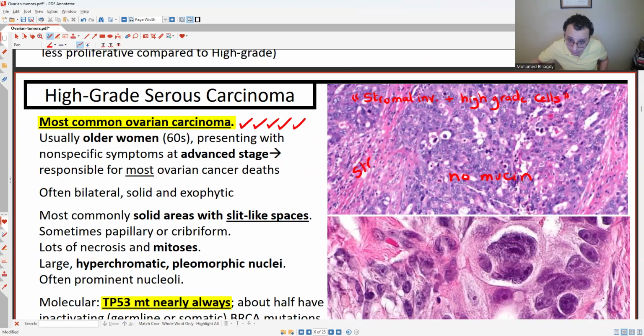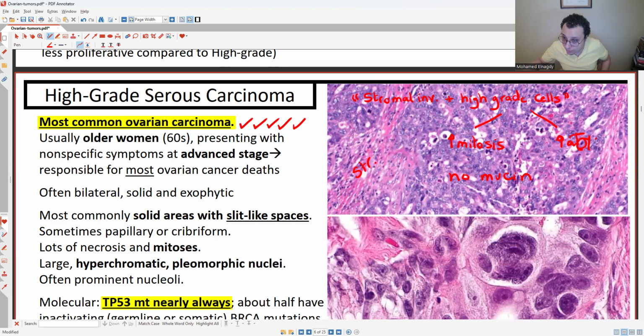That's the stroma here, and the cells are dipping down in the stroma. You might see some nests of these cells here and there inside the ovarian stroma. Okay, so look at the cells carefully. Well, they are serous. Are they high grade or low grade? Yes, they are high grade. High grade means high mitosis, high atypia.